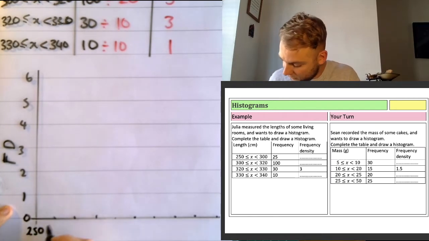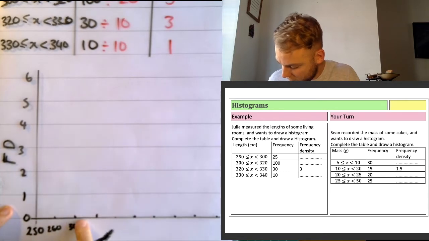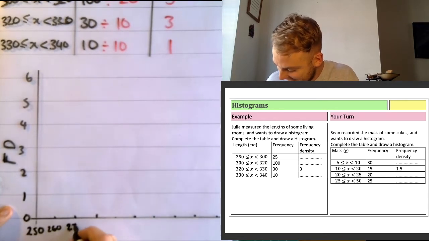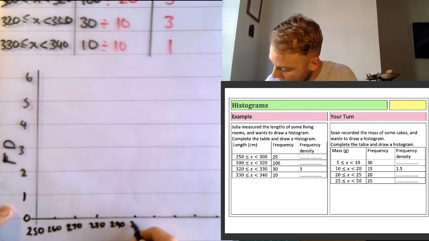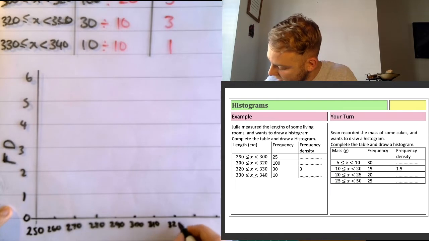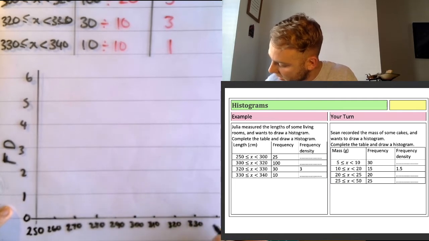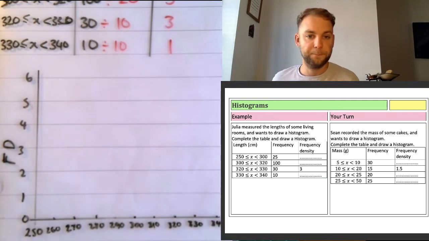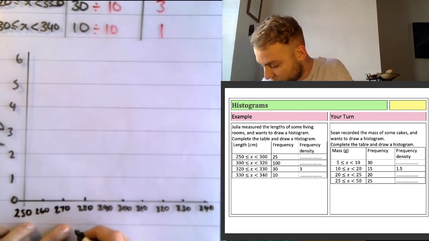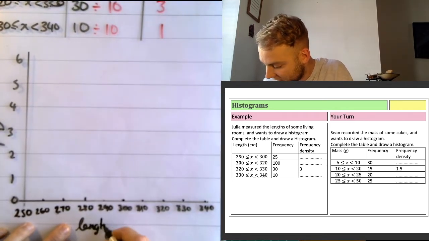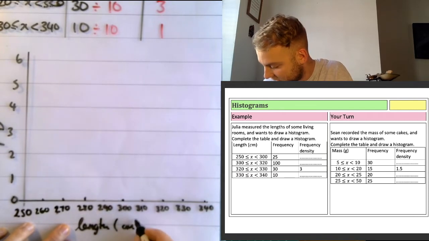And we go 250, 260, 270, 280, 290, 300, 310, 320, 330, 340, super. Okay, and that there is our lengths of the rooms, isn't it? So that's the length, and that's in centimetres.